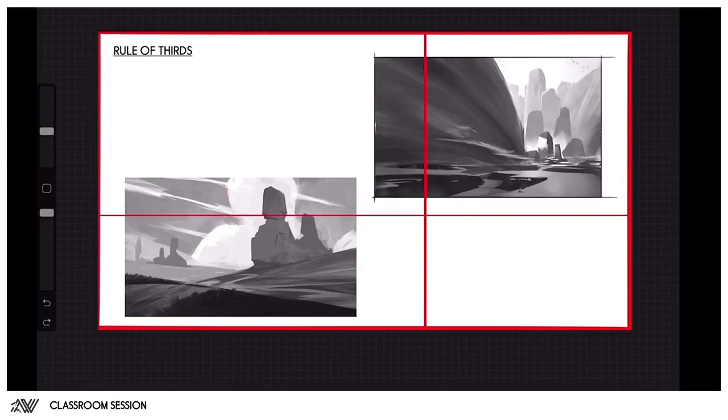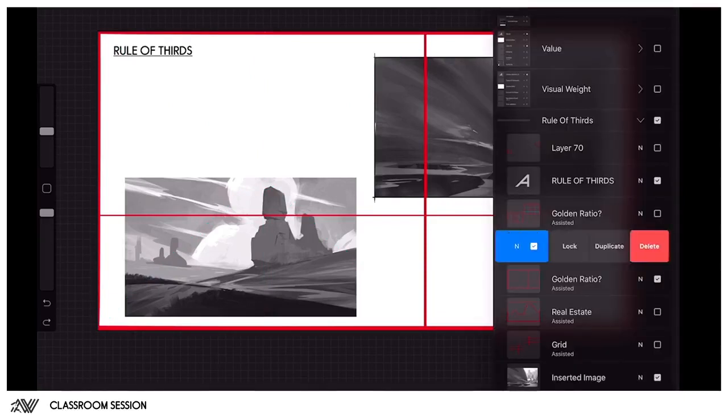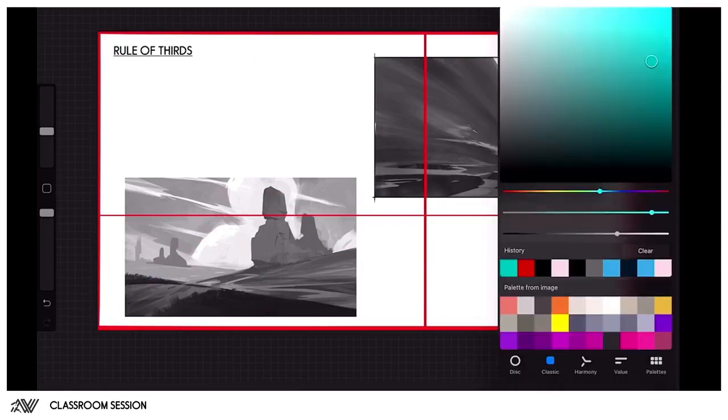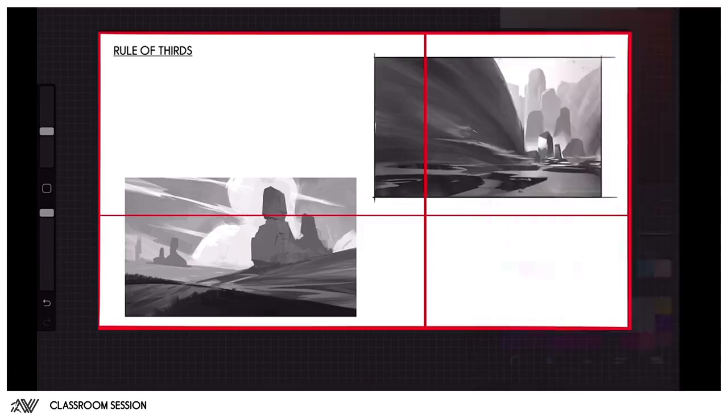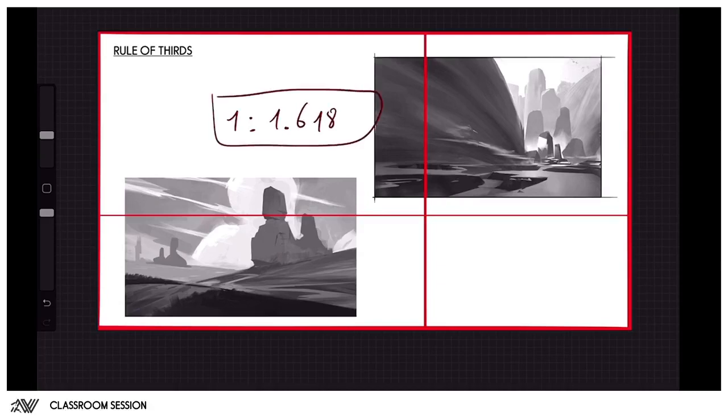A really nice rule that I think works really well, and that's why I recommended you look at Andrew Tischler's video, is that the ratio is usually 1 to 1.618, right? This is the golden ratio that mathematically is used.